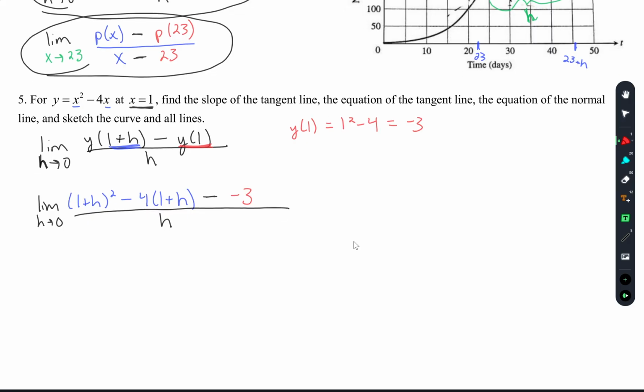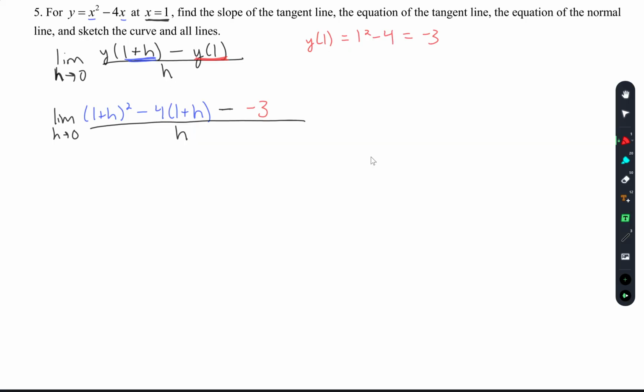All right, you ready to algebra? Ready, go. Start distributing, start combining like terms. Get that h out of the denominator, that's the goal.